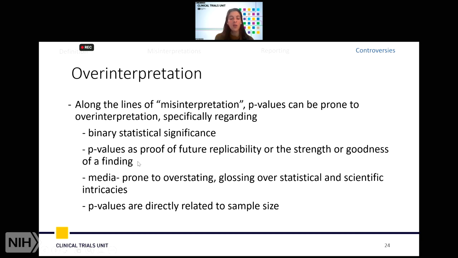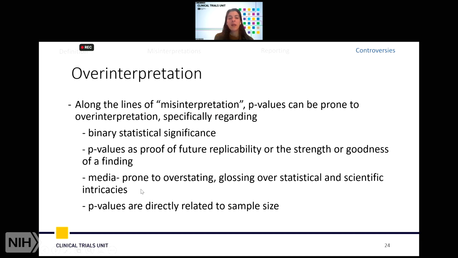You have to make those conclusions based on, obviously, there may be other reasons why you think your study might replicate, or why your study is good or strong or trustworthy, right? But the p-value alone will not tell you that. Another thing is the media.